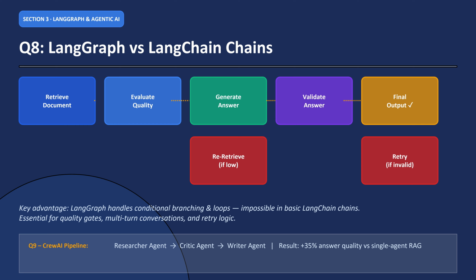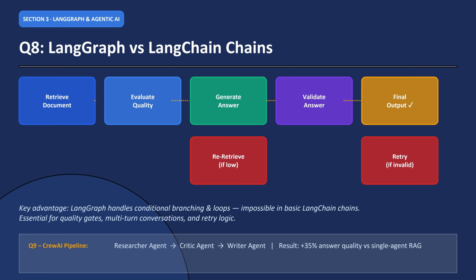You simply cannot express this loop in a basic chain. You need LangGraph. LangGraph also maintains persistent state across the entire graph execution, critical for multi-turn conversations and long-running workflows in banking AI.